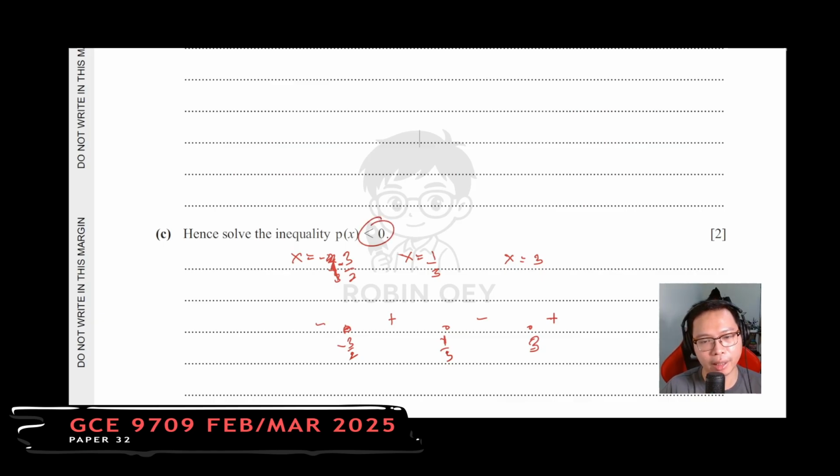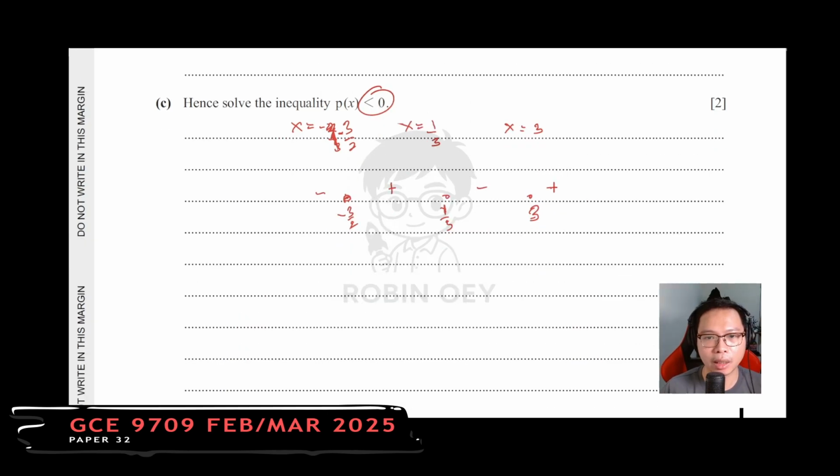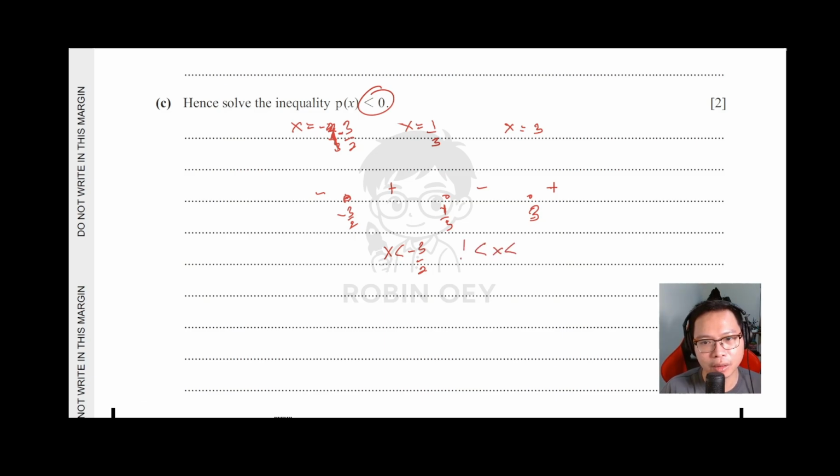Since we need less than 0, we have to use x less than negative 3 over 2, and then x in between 1 over 3 and 3. Okay, so that is the final answer for C.